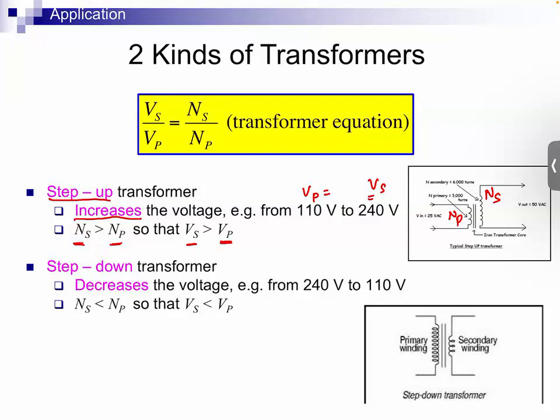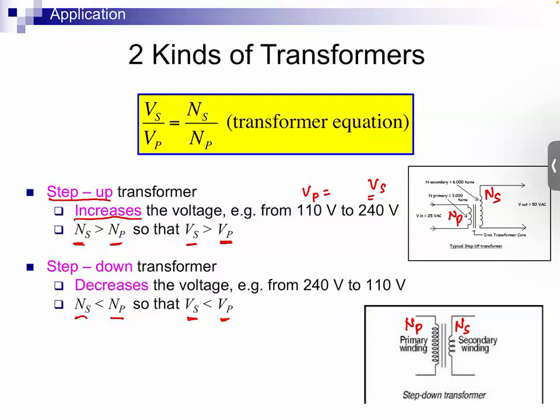On the other hand, if the number of turns in the secondary coil is less than the number of turns in the primary coil, as we can see in the second figure here, there are more turns in the primary coil compared to the secondary coil. The consequence, from the transformer equation, is that the voltage created in the secondary coil is less than the voltage created in the primary coil.